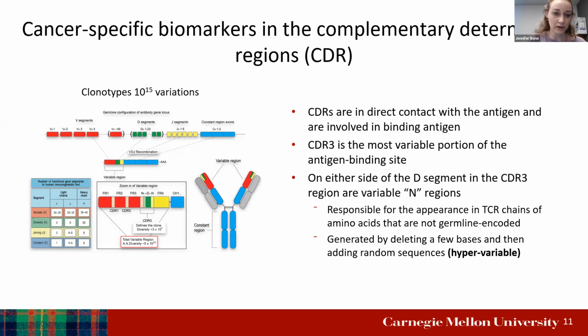And as Dr. Lotze eloquently described earlier, these are made from VDJ recombination and a couple of other different types of variable insertions and deletions to create this humongous plethora of different T cell and B cell receptors. And we can make up to 10 to the 25 different B cell and T cell receptors in our bodies, throughout our adulthood.